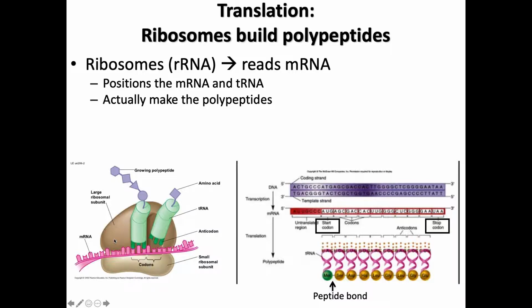For your ribosome, you have a large subunit right here, and then you have a small subunit. The first thing that's going to happen is that the small subunit is going to attach to the mRNA strand. It reads the mRNA strand. It reads where that first AUG, that first start codon, is. That small ribosomal subunit is going to attach to the start codon.